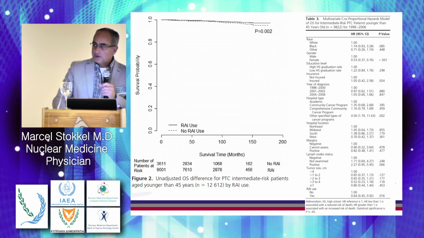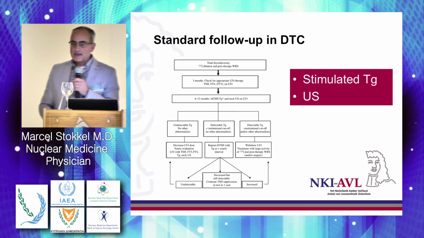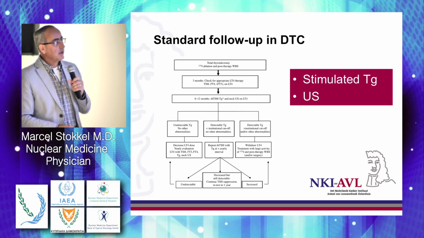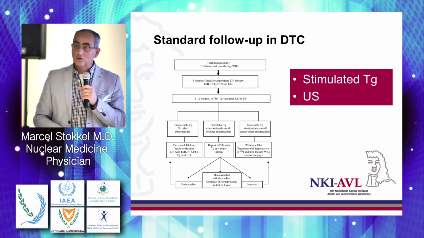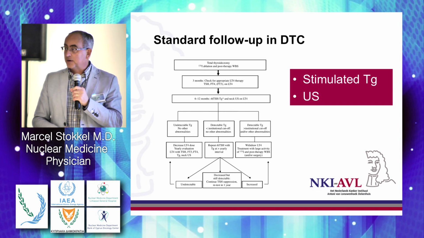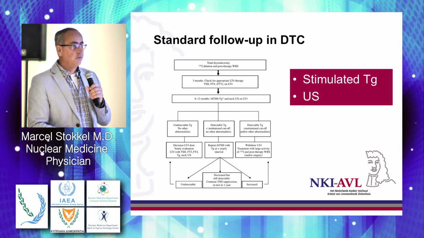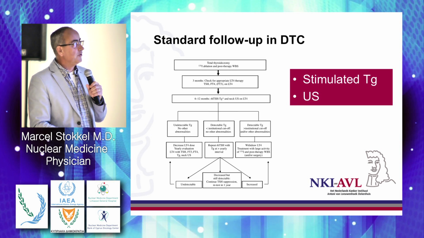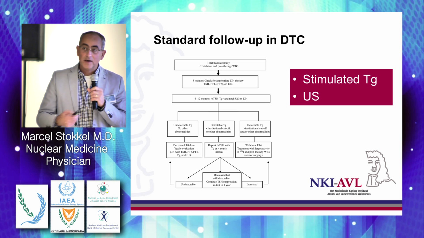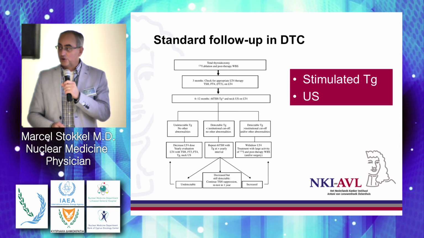Now, I think that is all about ablation, about the standard follow-up in differentiated thyroid cancer. It's quite simple. I already told you this week that when at the initial stage you do your work properly, you can follow up the patient with a stimulated thyroglobulin test and ultrasonography, and after 6 to 12 months you have to assess whether you were successful with your ablation or not.